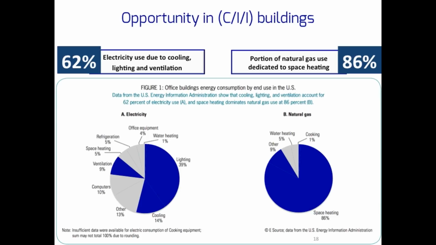And it is because of this reason that there's a big opportunity in improving the operation of these HVAC systems, which provide the biggest bang for buck in terms of introducing the demand flexibility that we require.